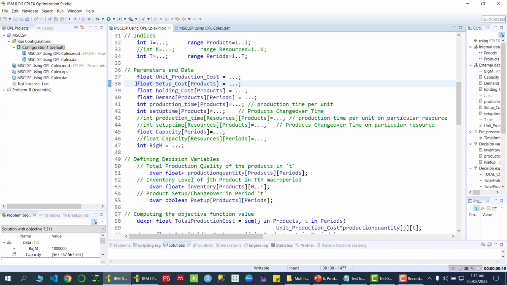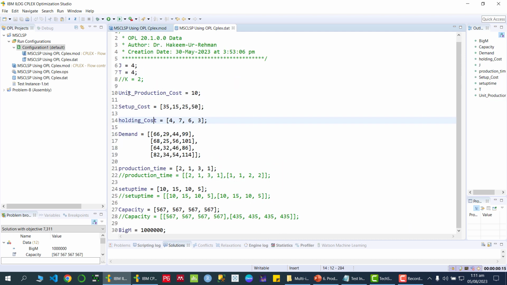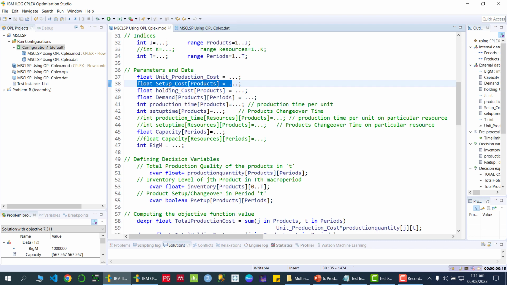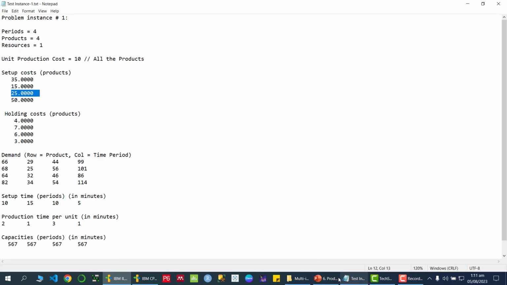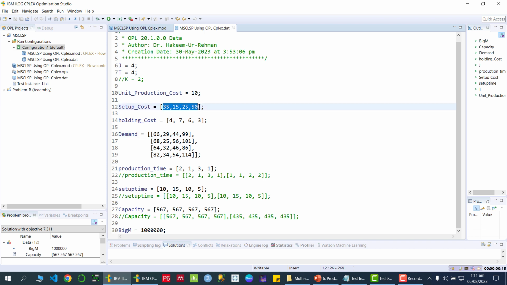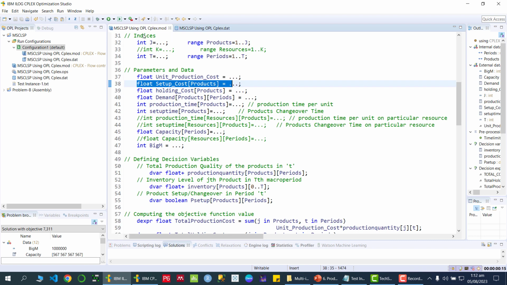Remember that when we are in a model, we need to tell whether it's a float type or an int type, but in the data there is no need to mention the data type. So we are only writing down the name of the variable, which is setup cost. So over here we are mentioning setup cost is equal to these data values. First, against the first product the setup cost, then second, third, and fourth, and the semicolon is indicating the end of this line of code.